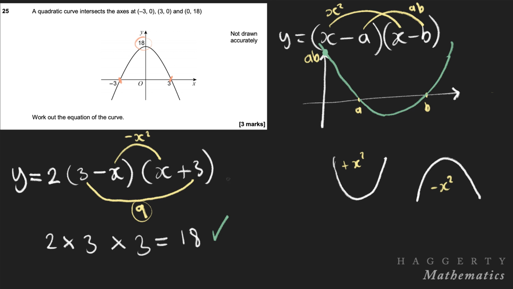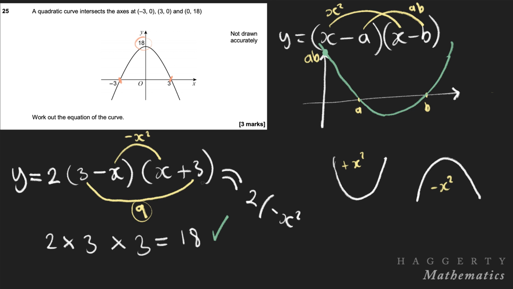And if you really wanted, you could go ahead and expand that. I don't think it's fully necessary, but let's just go ahead and do it anyway. So you're going to get 2 lots of what's going to come out here. You're going to get the minus x squared. You're going to get minus 3x plus 3x. Those two terms would cancel, because this is very similar to the difference of 2 squares.